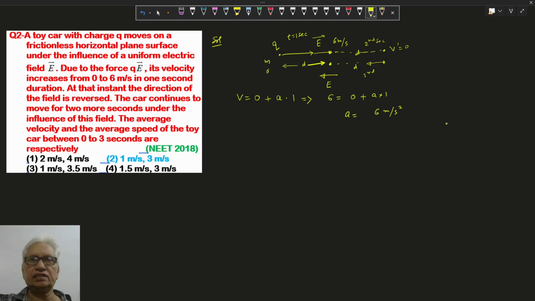So here in the equation, S is equal to ut plus half at square, with u as 0, a means 6, and t square. So this is 3 meter. D here is 3 meter. Now we have to find the average speed.